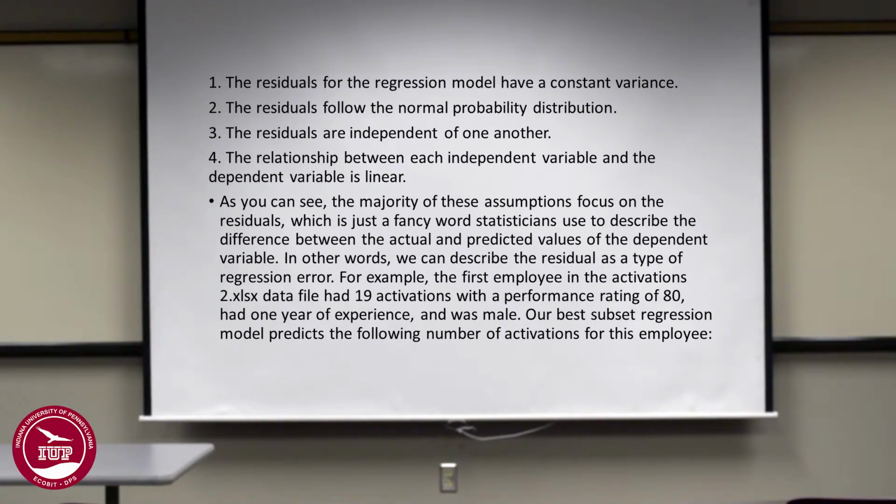For example, the first employee in the activation 2.xlsx data file had 19 activation with a performance rating of 80, had 1 year of experience, and was male. Our best subset regression model predicts the following number of activation for this employee.